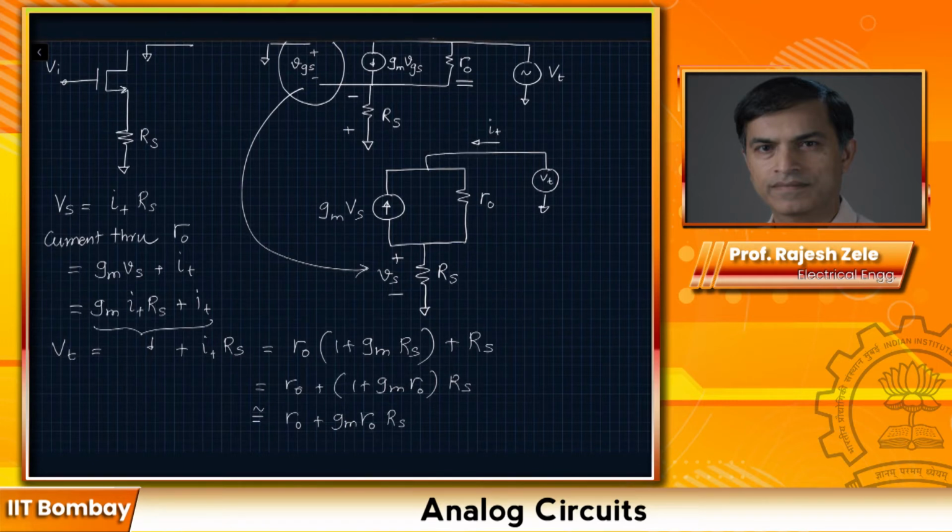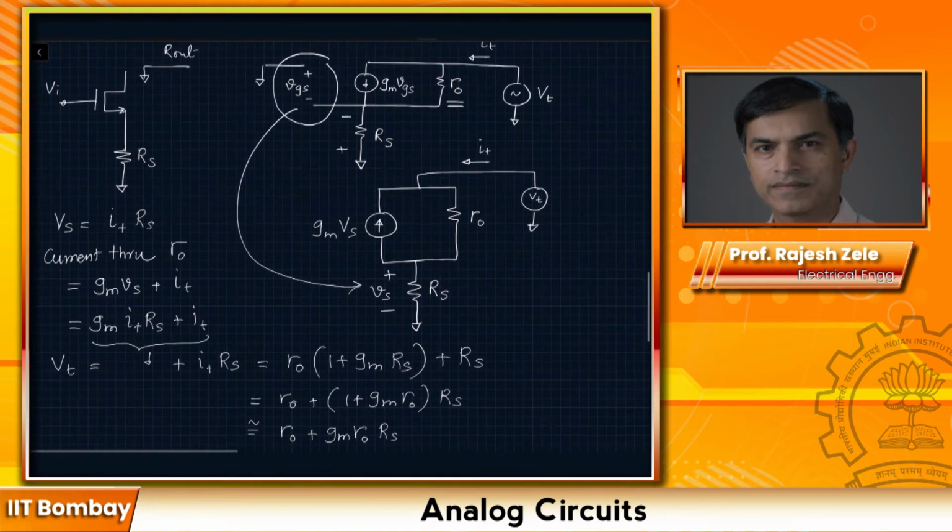Let's go through the equations and make sure you can follow what I have done so far. The first equation is, what is the voltage across the resistor Rs? That is given by the IT current flowing through Rs, which is IT times Rs. Current through Rout is going to be this current and this current, which is Gm Vs. So this is that expression, Gm Vs plus IT.